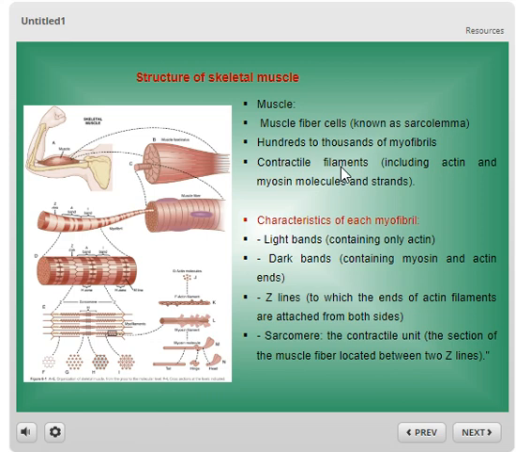Each muscle fiber contains 100 to 1,000 myofibrils, which are the contractile elements of the muscles. Myofibrils are made up of contractile proteins, primarily actin thin filaments and myosin thick filaments.